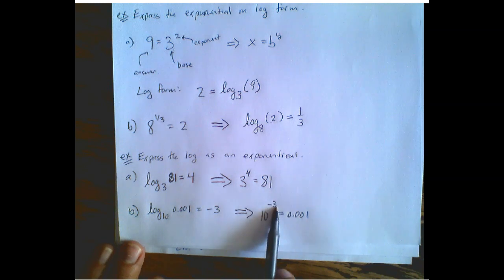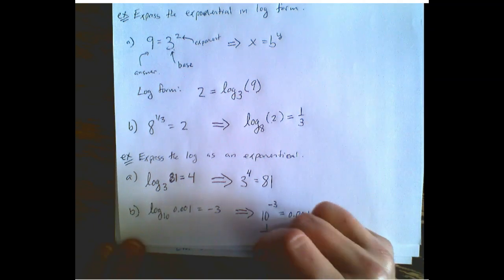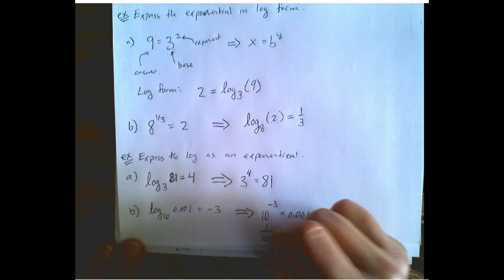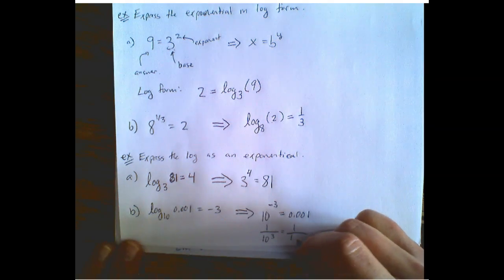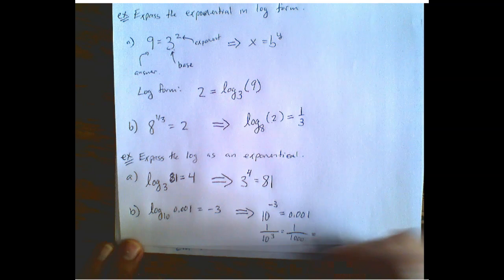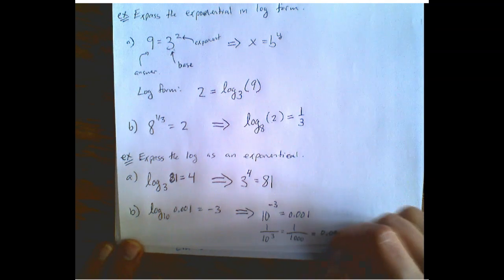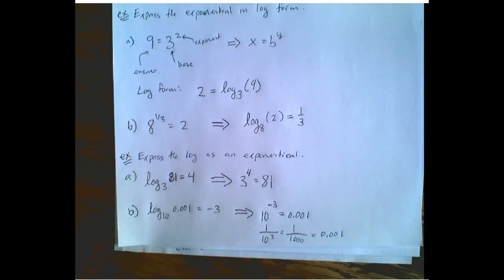Because what's 10 raised to the -3? 10 raised to the -3 is like 1 over 10 to the 3rd power, and 10 to the 3rd power is 1,000. And if you plug that in your calculator, you get exactly 0.001. So this is how logs and exponentials are related. They're inverse functions of one another, so we can always express one as the other.